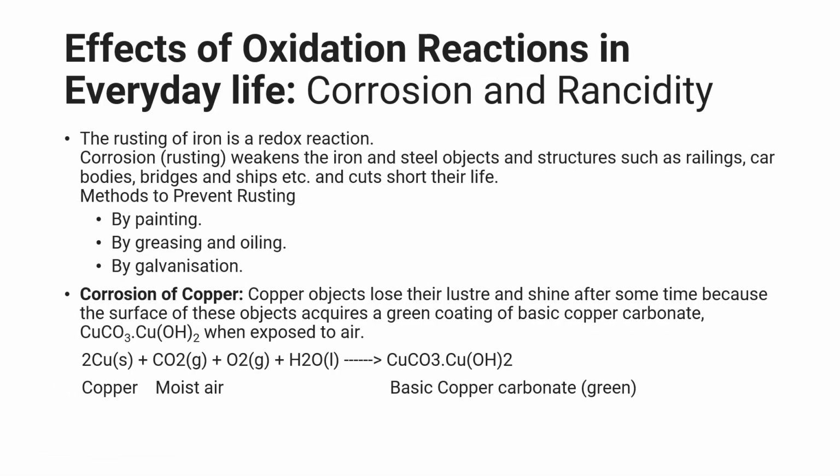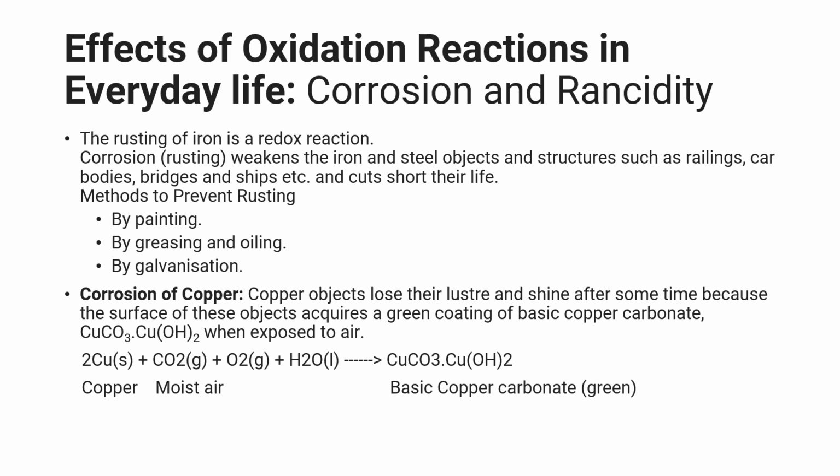The rusting of iron is a redox reaction. So corrosion or rusting weakens the iron and steel objects and structures such as railings, car bodies, bridges and ships, etc. and cuts short their life. Methods to prevent rusting are by painting, by greasing and oiling, and by galvanization.